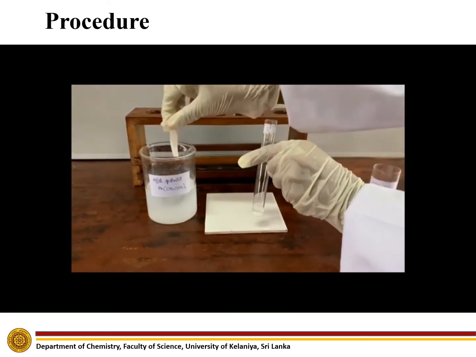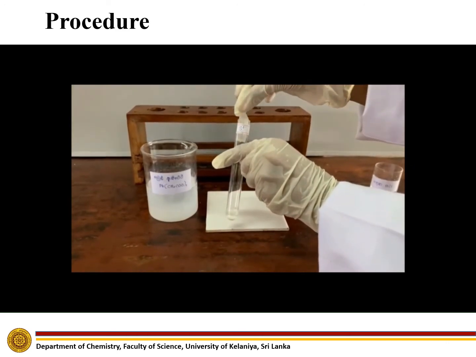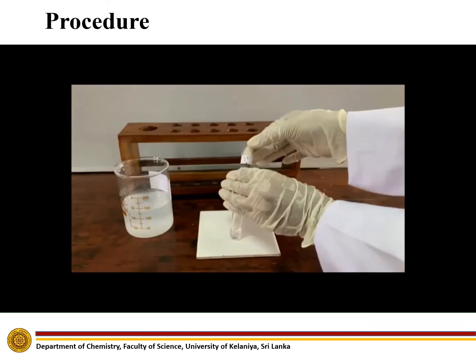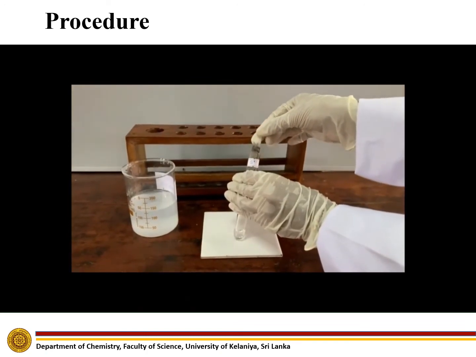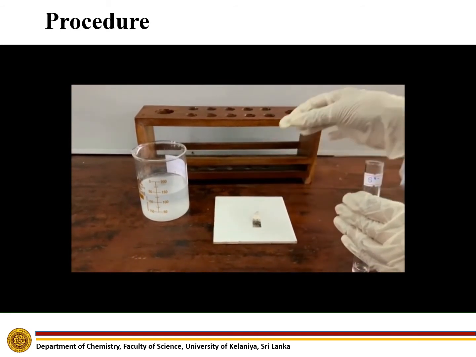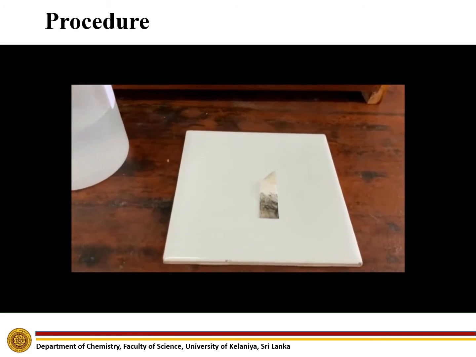After some time, use a filter paper soaked with lead acetate solution and place it over the top of the test tube. The color of the filter paper will become black.